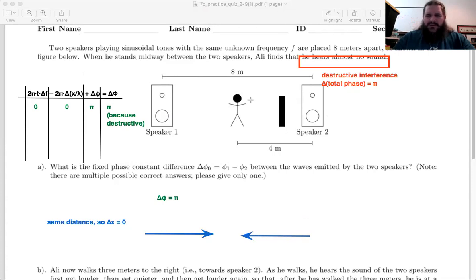So let's actually mark all of those locations. We're going to have probably evenly spaced, if we think of these as loud, quiet, loud, quiet.